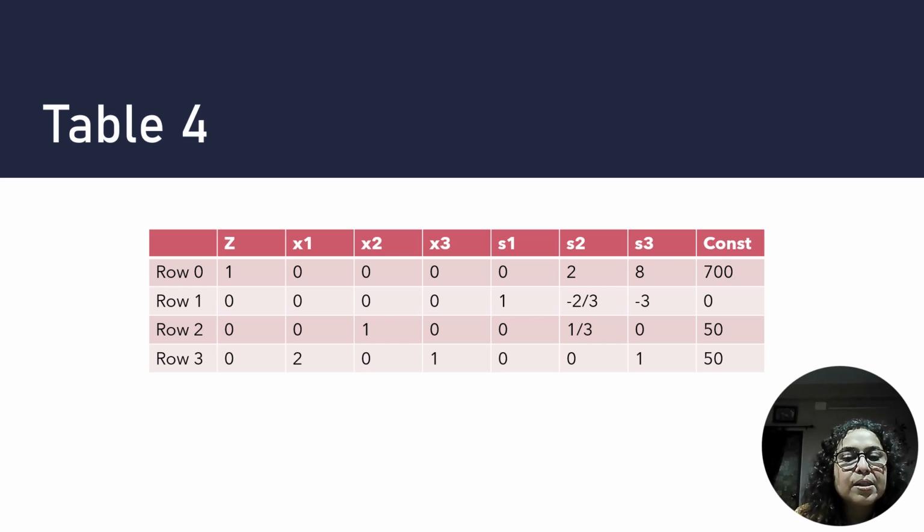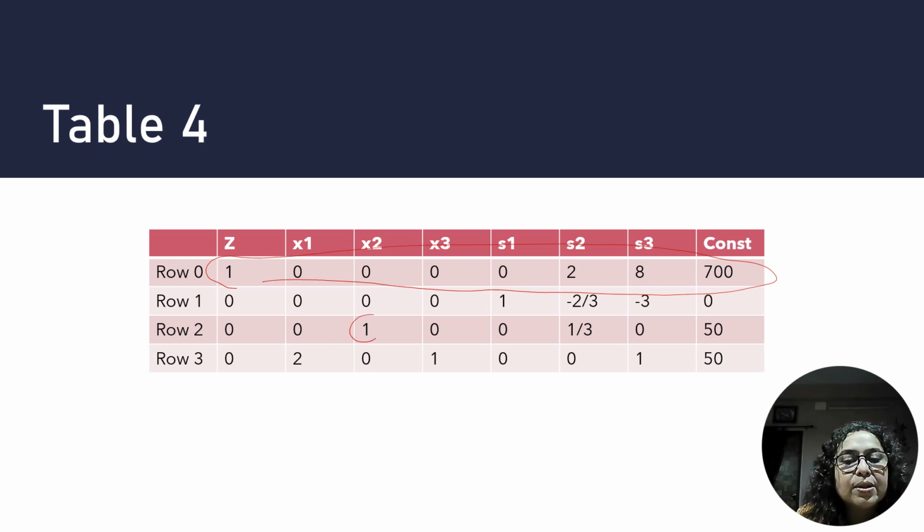So we have no further scope of changing the solution. So this has to be the final solution because you can see there is no negative coefficient pertaining to the decision variables. This is our final step.